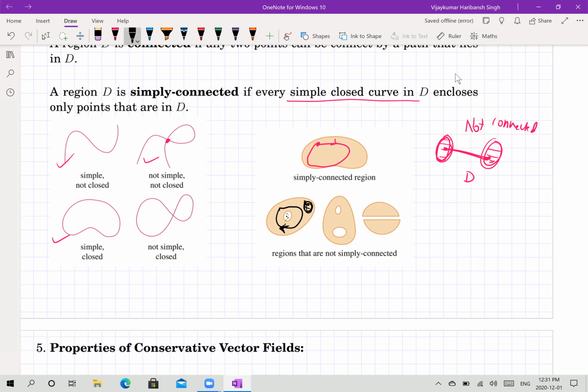So a simply connected region is one where no matter what closed curve you take in that region D, it should enclose only the points which lie inside D.